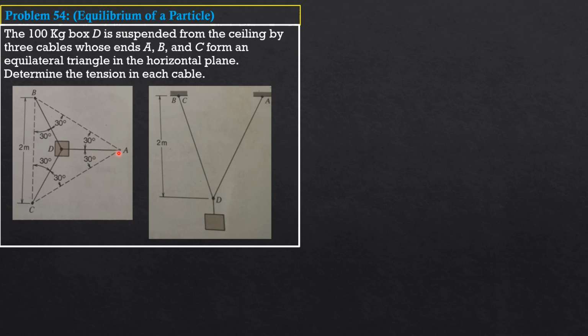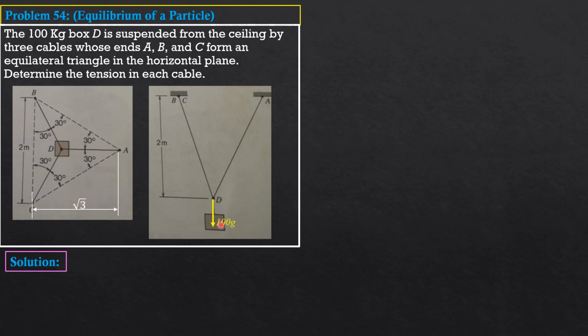So the distance from A perpendicular to BC is 2 meters cosine of 30. So 2 meters cosine of 30 is this height here, which is square root of 3 meters. So since this is the centroid of the triangle, this is 2/3 of square root of 3.